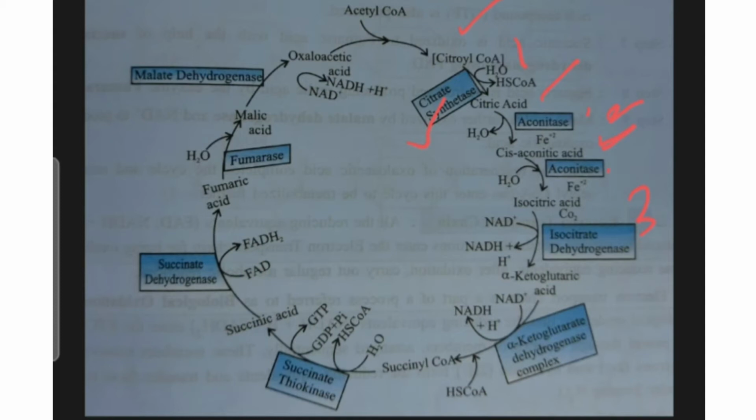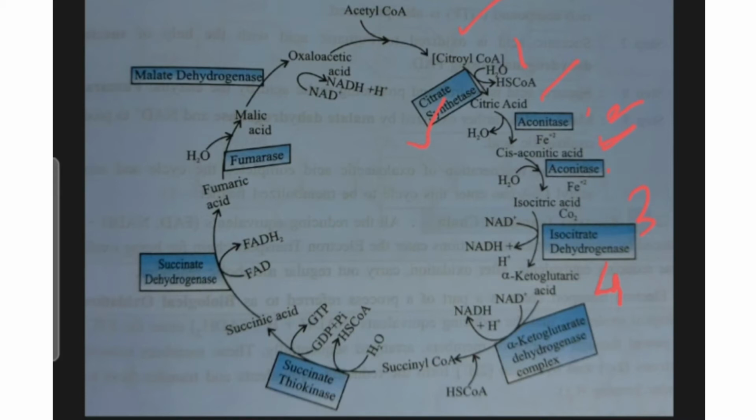Now we are going forward with the fourth step. Here the isocitrate dehydrogenase enzyme catalyzes the oxidative decarboxylation of isocitric acid using NAD+, and alpha ketoglutaric acid is produced as a result.